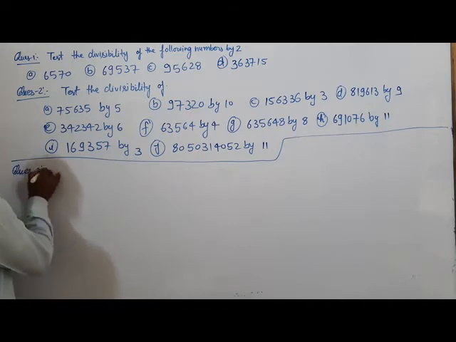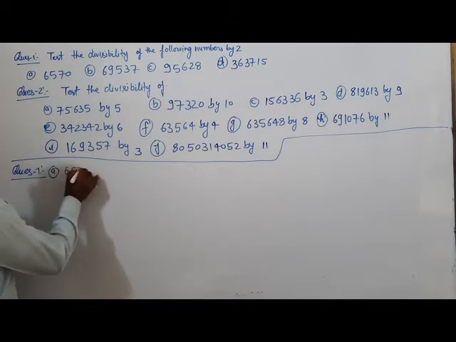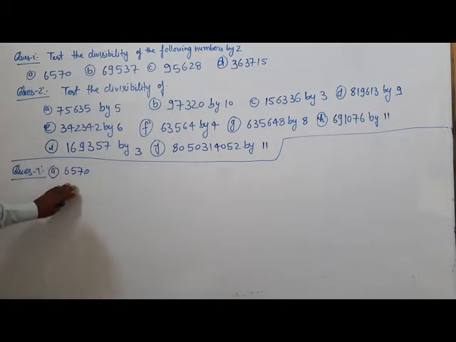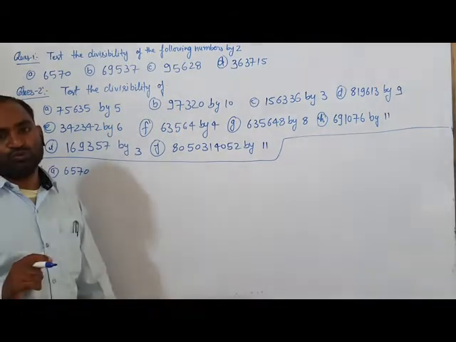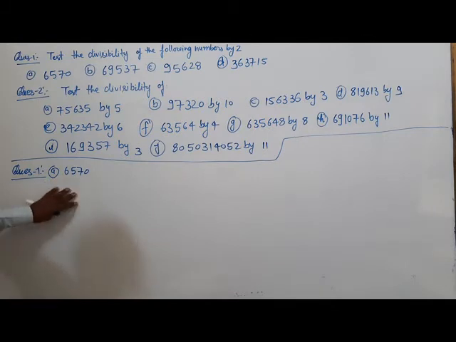Question first, A: 6570. You have to test the divisibility by 2. Is this number divisible by 2 or not?